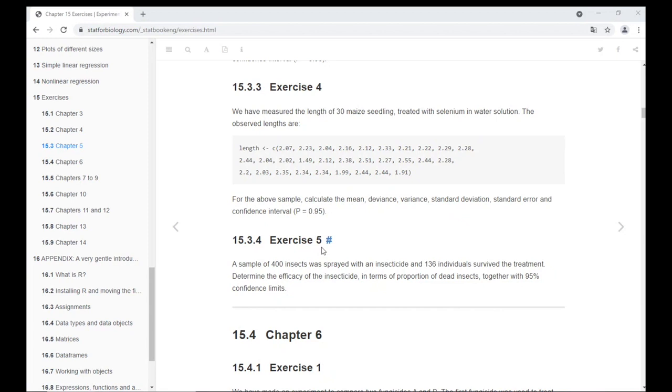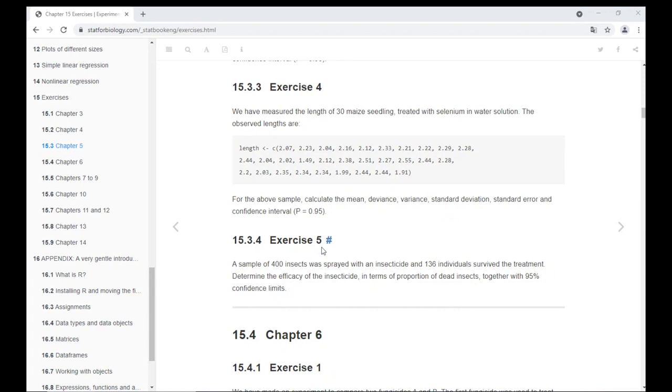Okay, so what do we have different? Here we have 400 individuals, and for each individual we observed whether it was dead or alive. So it's a binary variable. It is not a quantity, it's a quality. It's a binary variable.